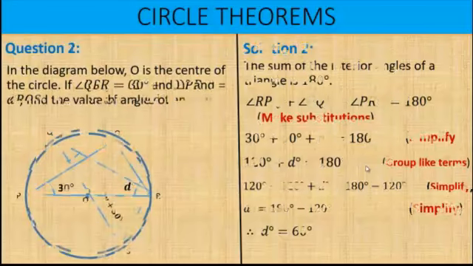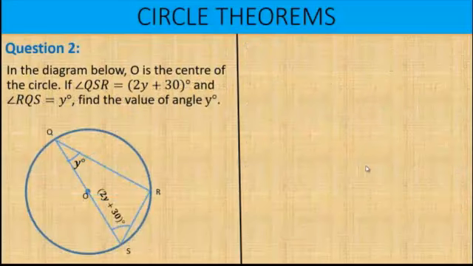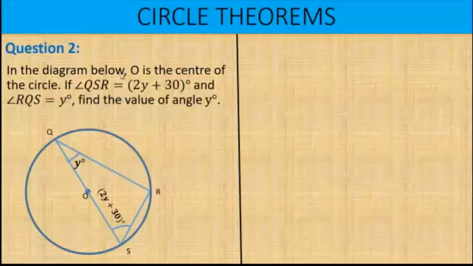Let us see our second question. In the diagram below, O is the center of the circle. If QSR is equal to 2y plus 30 degrees and RQS is y degrees, find the value of y degrees.